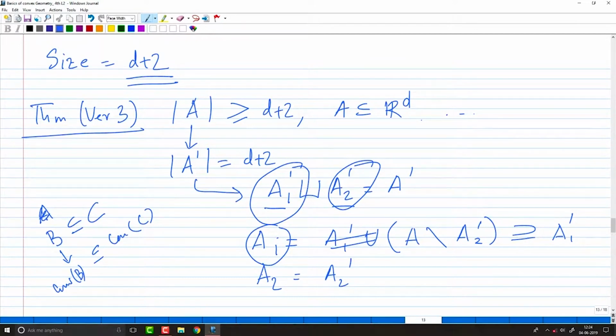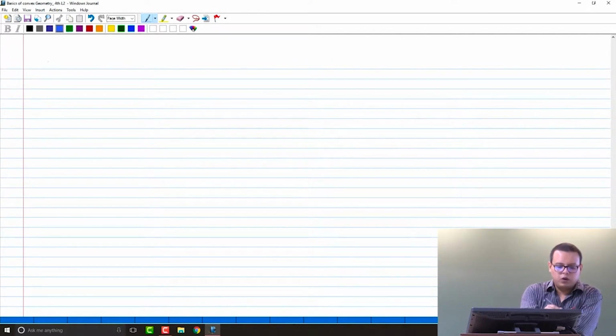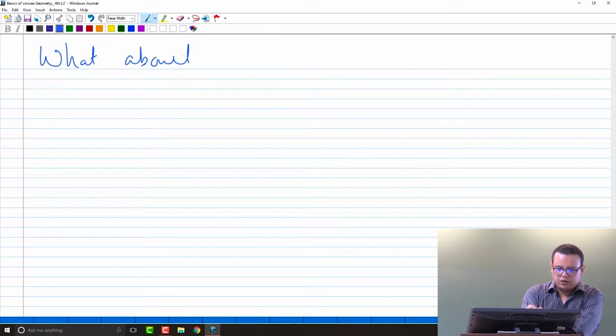So, it does not matter, but d plus 2 is not the only magic number, it is a true threshold. Below d plus 2 different things happen, but from d plus 2 onwards this result holds. Okay. It's clear. So, now another natural question is, what about d plus 1?